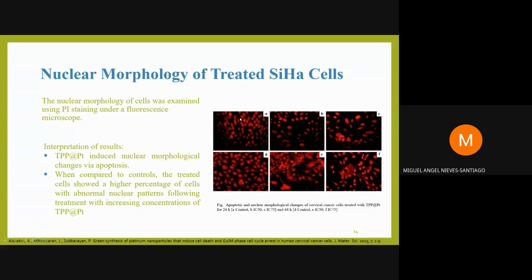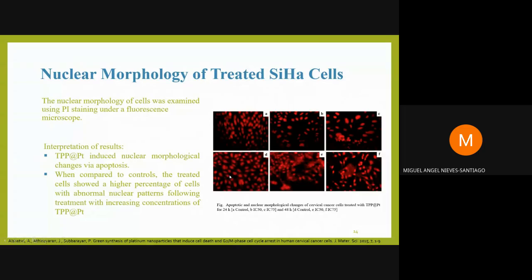The first column is the control groups, the control after 24 hours and the control after 48 hours. It is the same logic, but in this case the nanoparticle would be at its IC50, and here at its IC75, both at 24 hours and 48 hours.